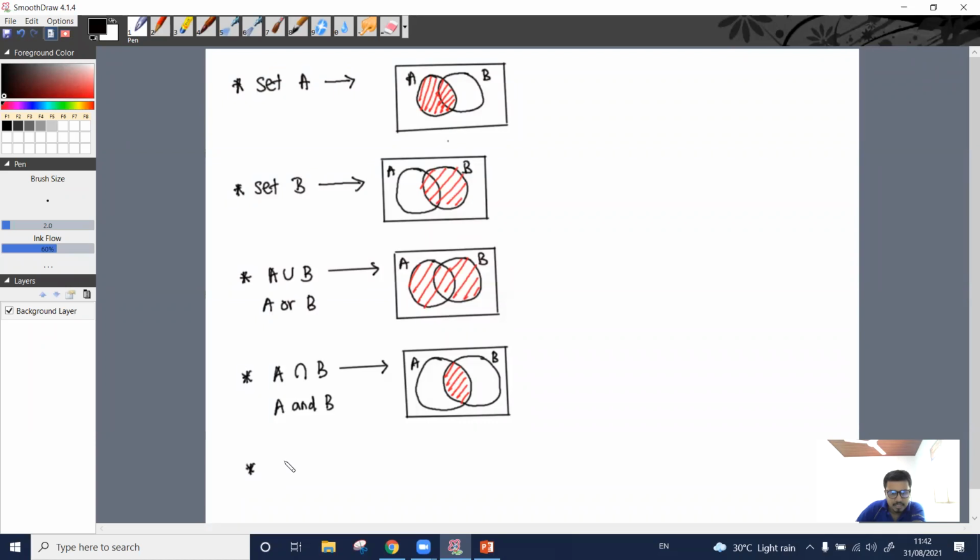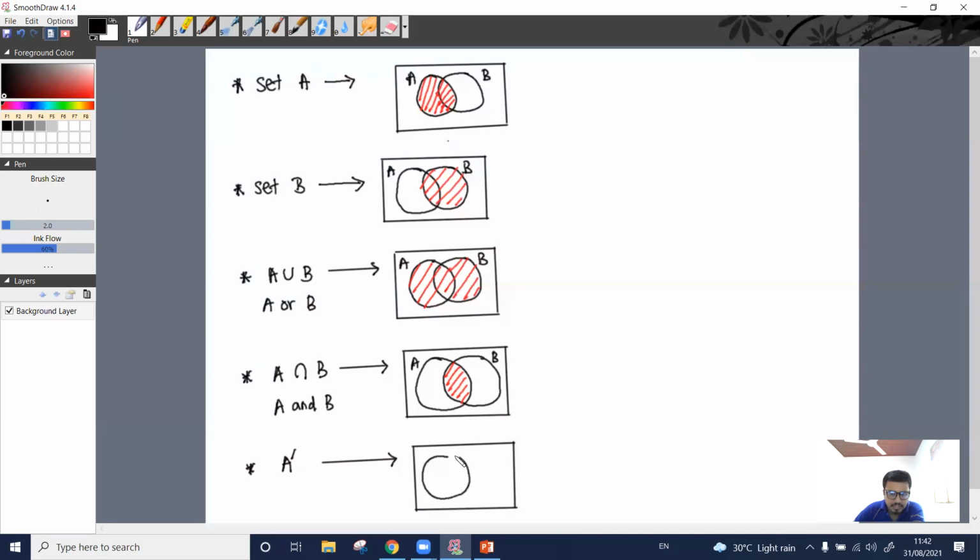If I take something like this, A dash, we call it complement. A complement set. How can we represent that? What do you mean by dash here? A dash means what?